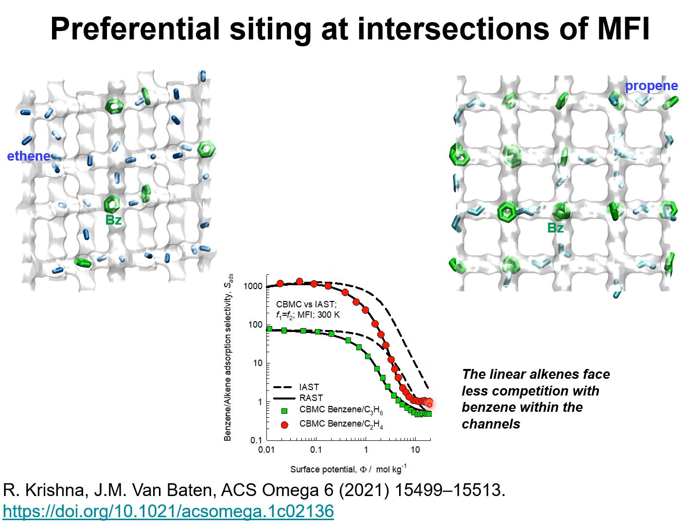The dashed lines are the IAST estimates of the adsorption selectivity for both these mixtures. In both cases, the adsorption selectivity of benzene alkene mixtures is lower than anticipated by the IAST because the competition faced by the alkenes is lower than predicted by the IAST.